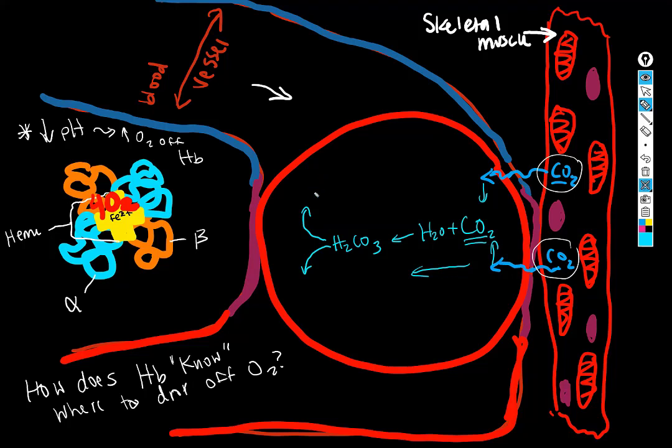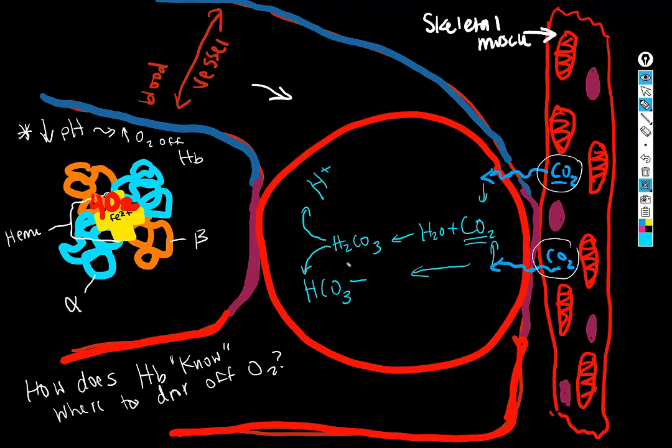So when you hear me say proton, but I'm writing H+, it's basically just two different ways to refer to the same thing. Hydrogen cation, proton, they are the same. And then it also, of course, dissociates into bicarbonate, which we will deal with in a minute.